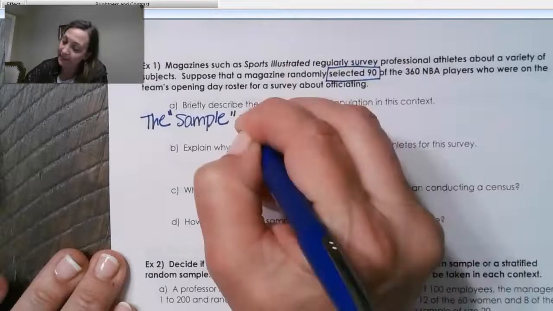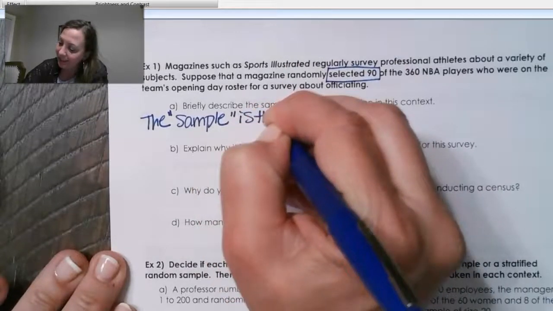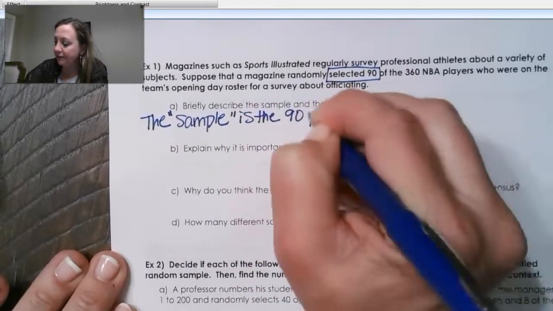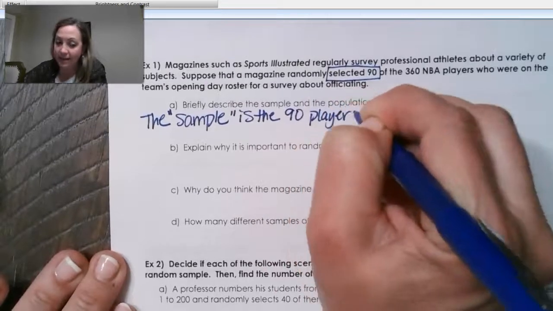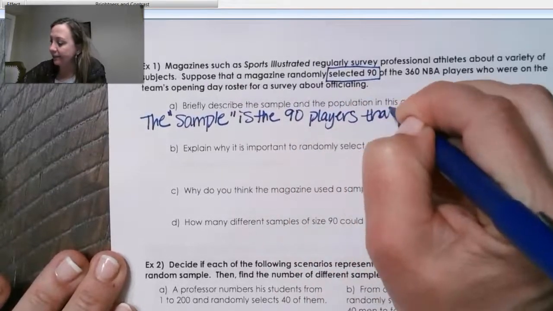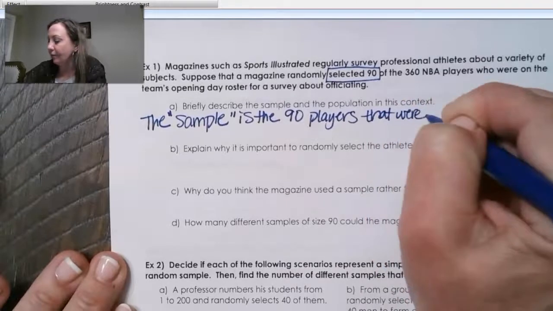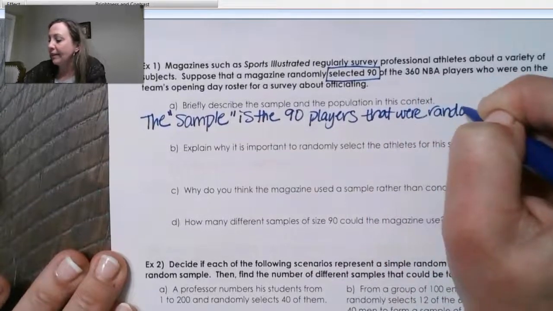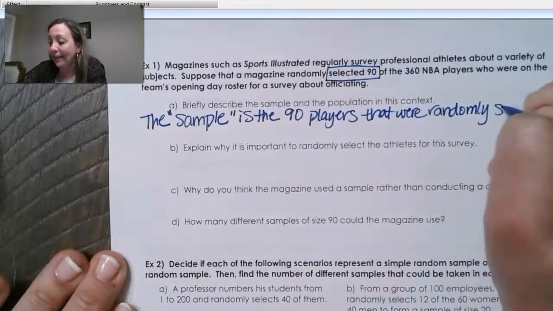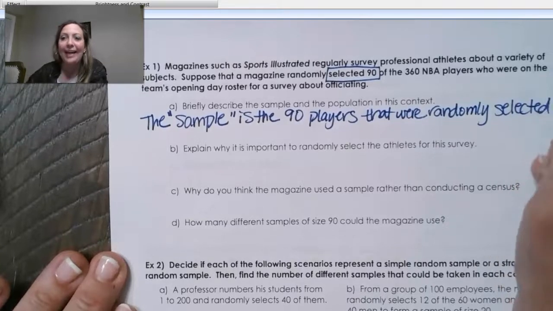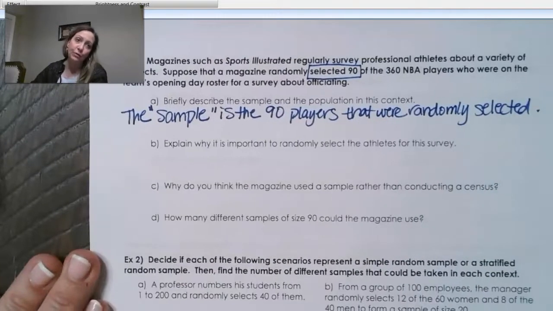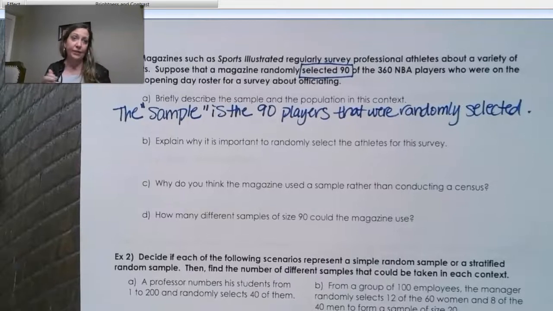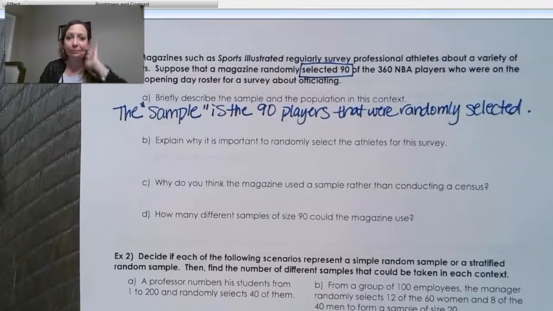So we're going to say that the sample is the 90 players that were randomly selected. So we're telling people how big the sample is and how the sample was chosen. We're being very specific here, very deliberate in saying that it was random.